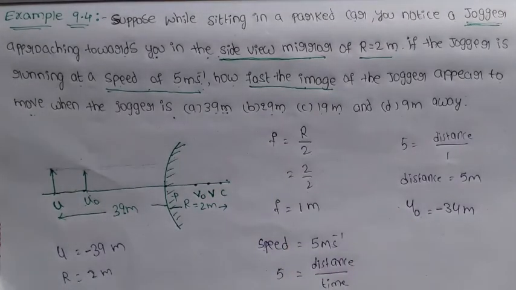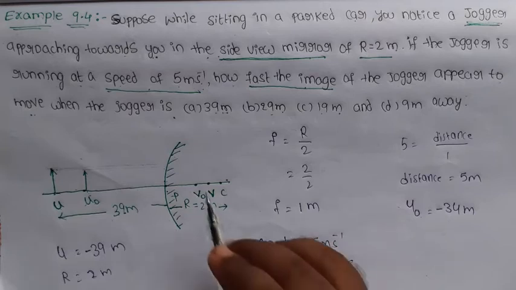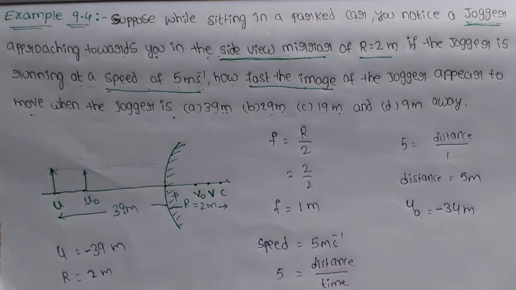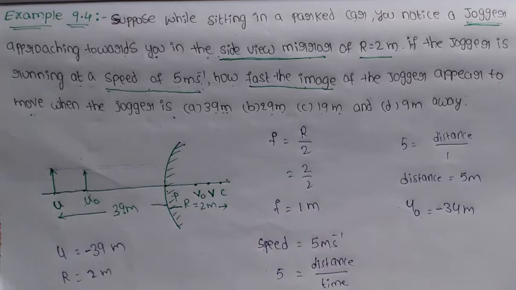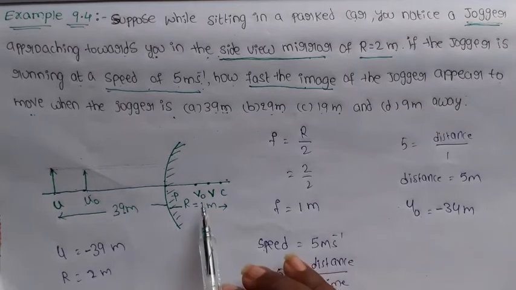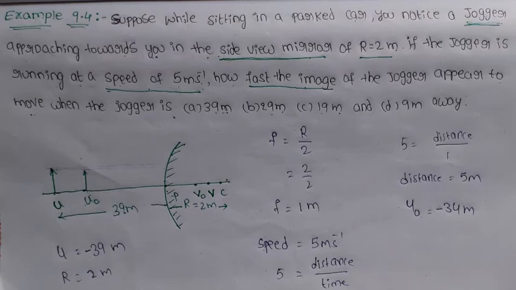We are going to find the image velocity. Image velocity means change in displacement by time. Now we are going to find v naught, the image distance of the jogger.